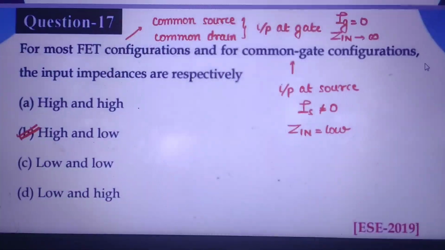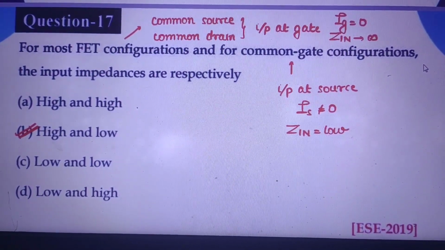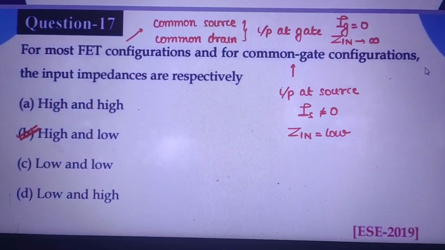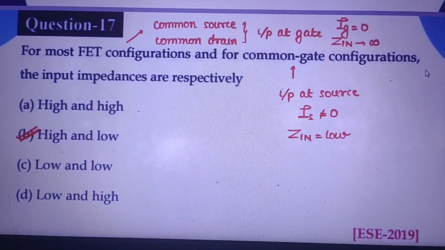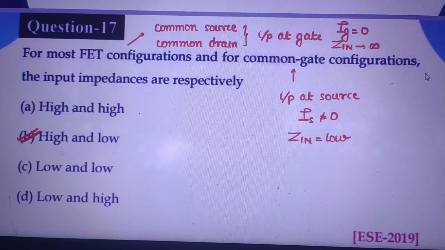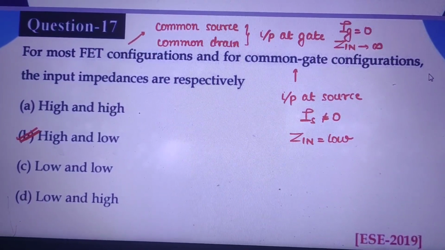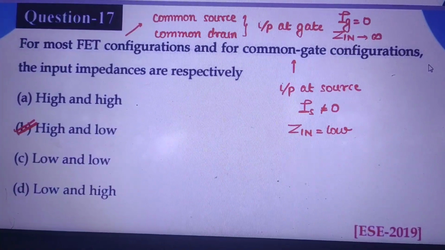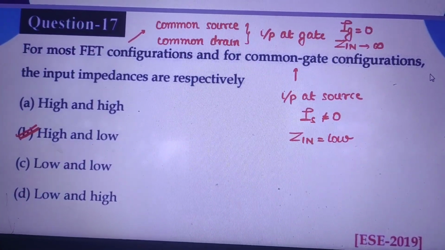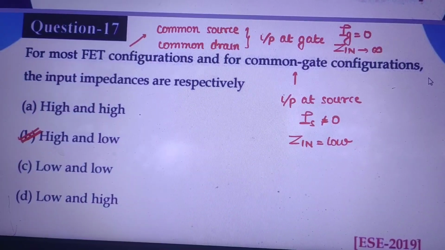For most of the FET configurations and for common gate configurations, the input impedances are: for FET configurations, input impedance is high, and for common gate configurations, input impedance is low. Now consider the FET configuration, which consists of common source and common drain.